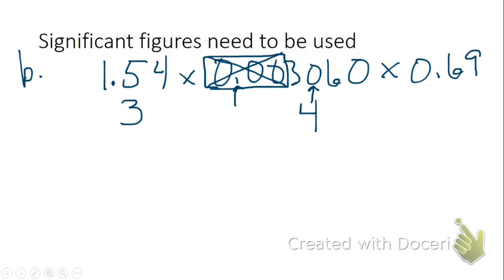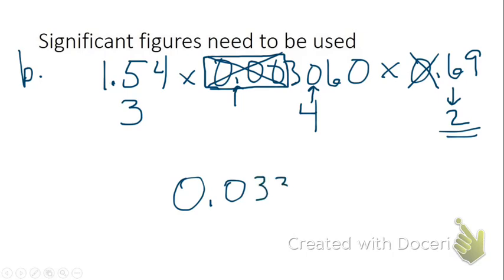If that's the rule for the second number, then for the third number, this 0 isn't significant, and so we only have 2 significant figures. So based on what I told you before, the final number of significant figures after we calculate it should be 2. And so if we multiply all these together, you get 0.033.